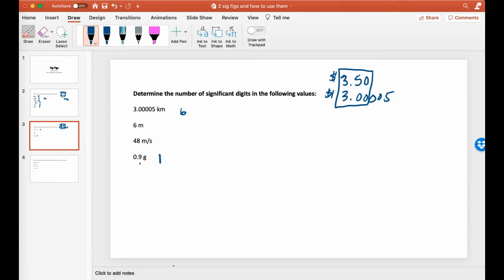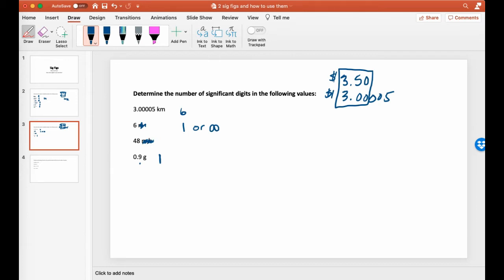Okay. All right, so now let's take a look at this, 6 meters. It doesn't matter what the unit is. I'm scratching through the unit for a second just to let you know, it does not make a difference what the unit is. So this number here, the number 6, the correct answer for this is 1 or infinite.